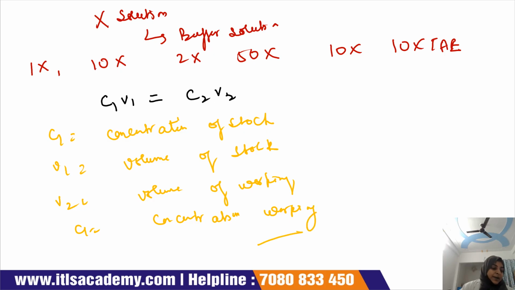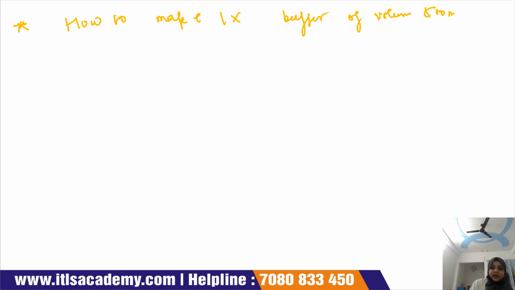Now again, one question for you. How to make 1x buffer of volume 500 ml from 50x buffer.